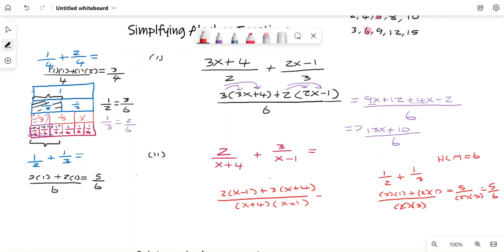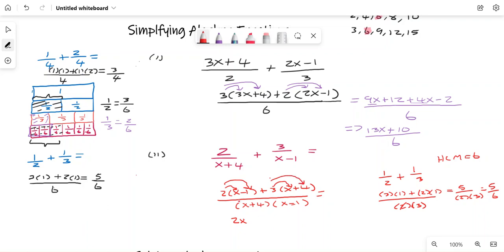So now we want to remove the brackets. Again, we just multiply it out. This by this, this by this, this by this, and this by this.